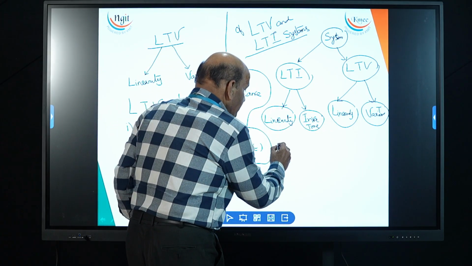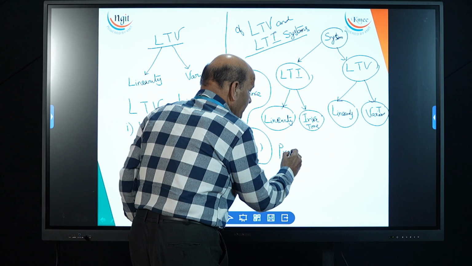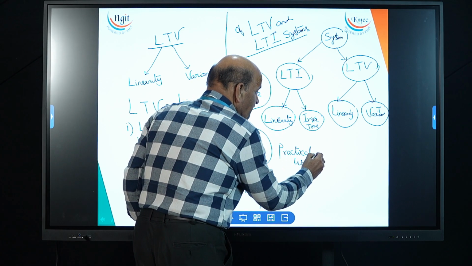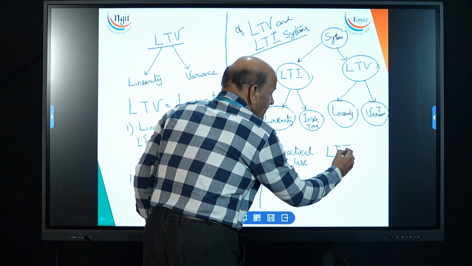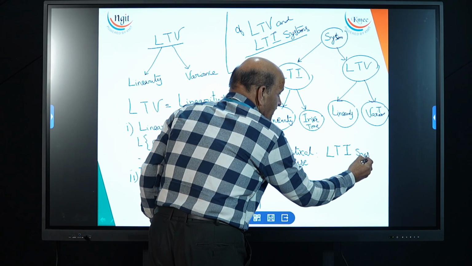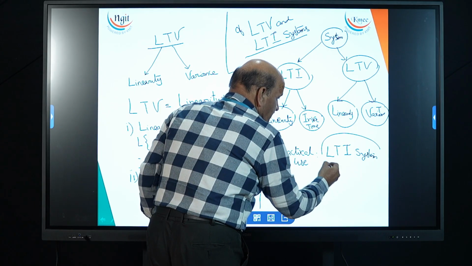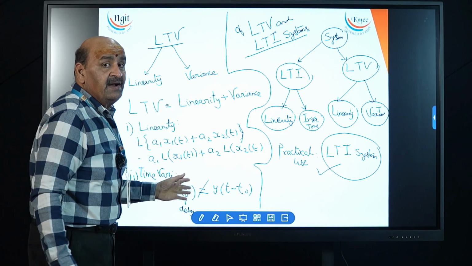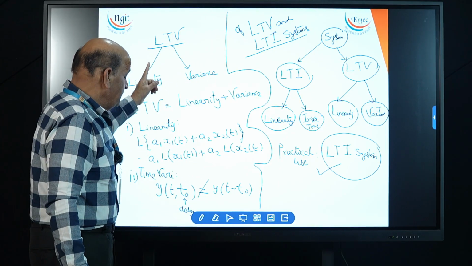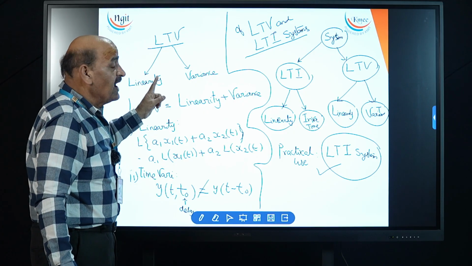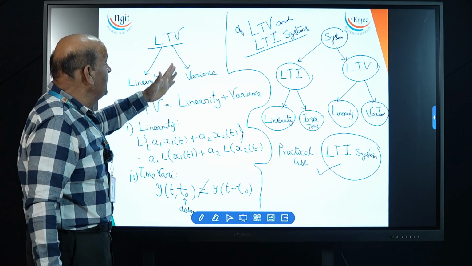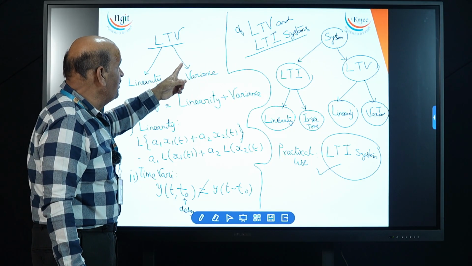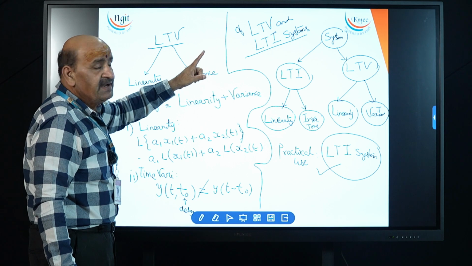Regarding practical use, we always consider linear time invariant systems only, not linear time variant systems. So students have to find out these two differences very clearly. This is the end of the fifth system topic, linear time variant and linear time invariant.